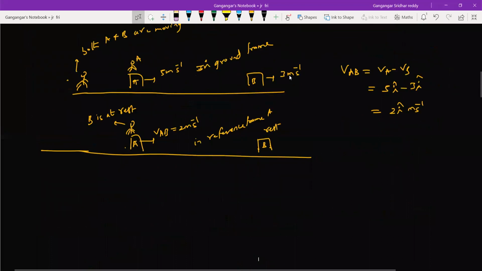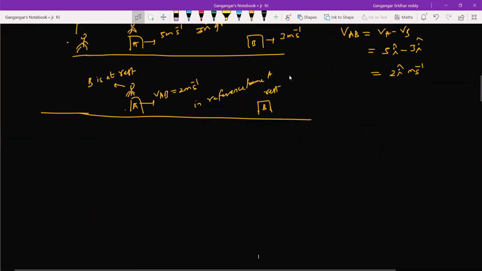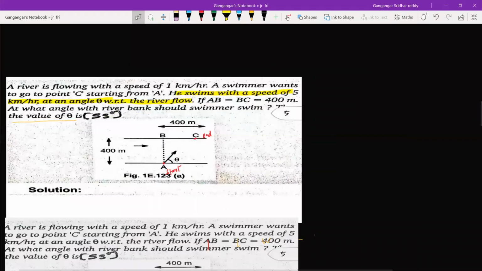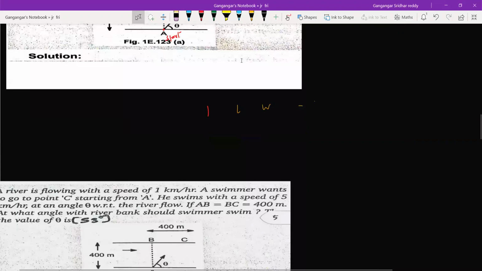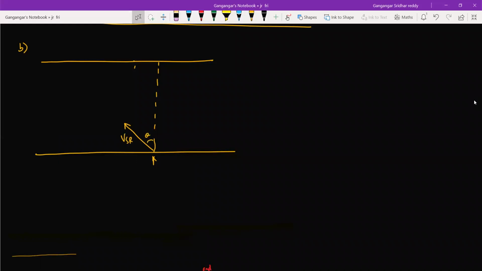I'll come to the second case. Okay, no, in the second situation, theta, there's a width, and there's a velocity of the river.